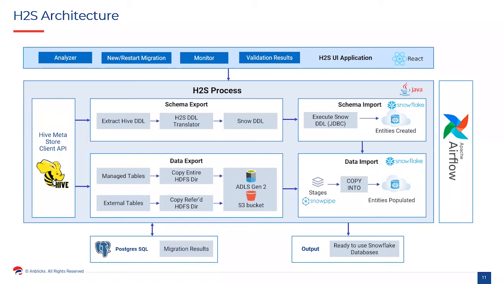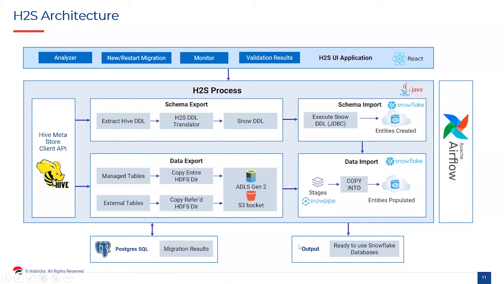As you can see, it is a 3-tier architecture, with the front end built in React.js, backend processes built in Java, orchestrated by Airflow, and migration metrics stored in Postgres, which is the bottom layer, right here.